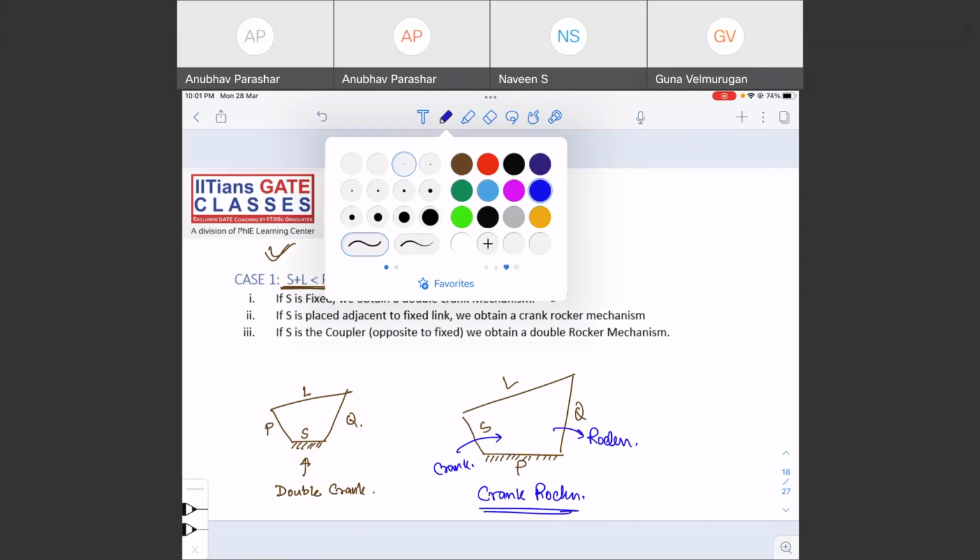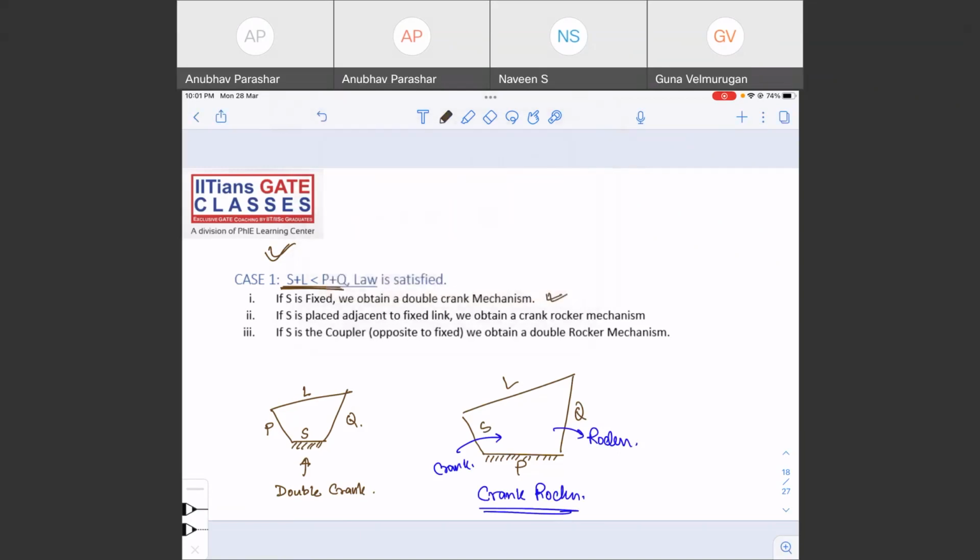And now if the smallest link is opposite to the fixed link, let me say this is the smallest link. This other one could be the largest, it could be the P or Q, whatever it is. I'm not concerned about that, right? But the smallest link is opposite to the fixed link.